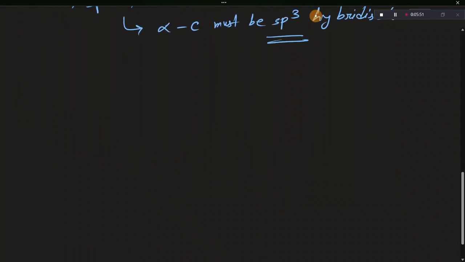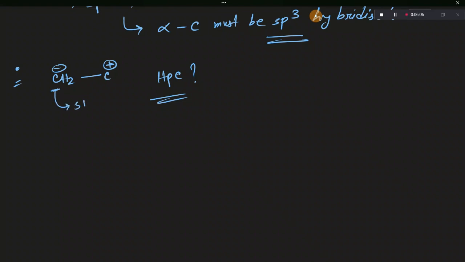Now, if we consider this CH2-C+, what is the number of hyperconjugating structures? Consider the alpha carbon. This carbon is sp3, so it is the alpha carbon, and two hydrogens are attached to it. So the number of alpha hydrogens is equal to 2.